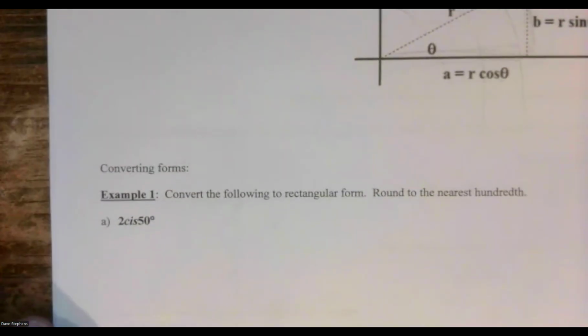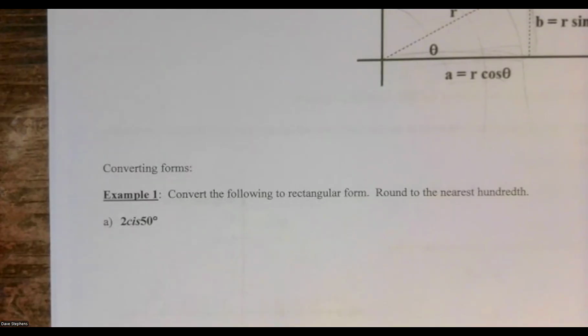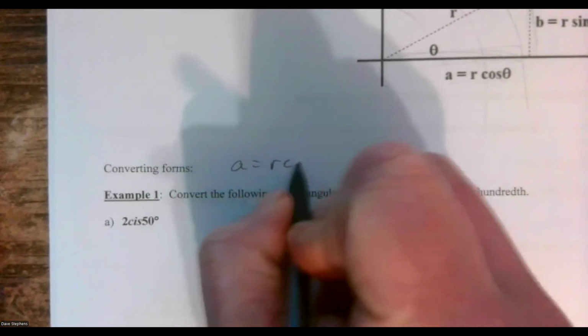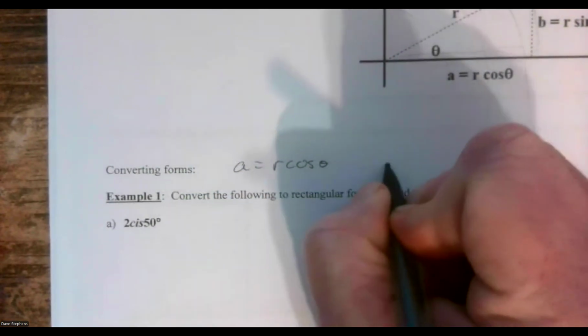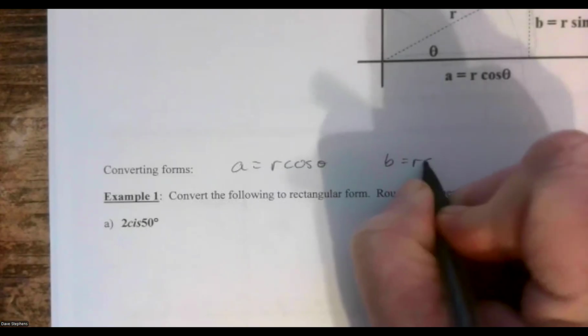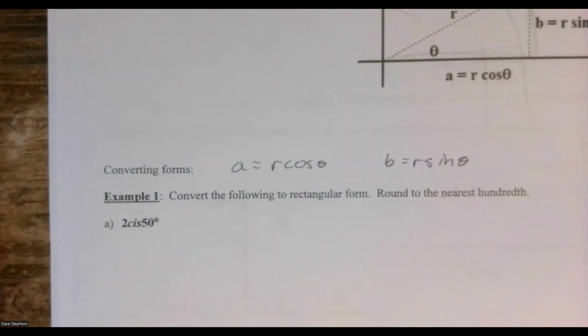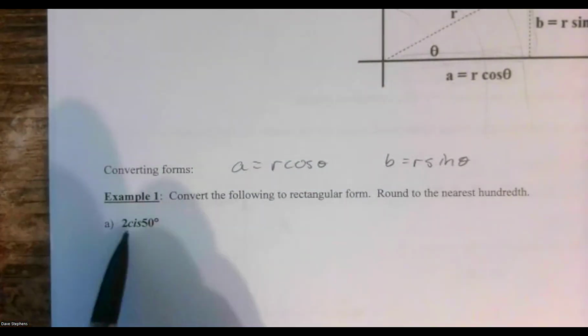It's telling us to convert the following to rectangular form and round to the nearest hundredth. Now, how do we convert between the two forms? We know that a is equal to r cosine theta and b is equal to r sine theta. And so here we're given 50 degrees, and it's 2.